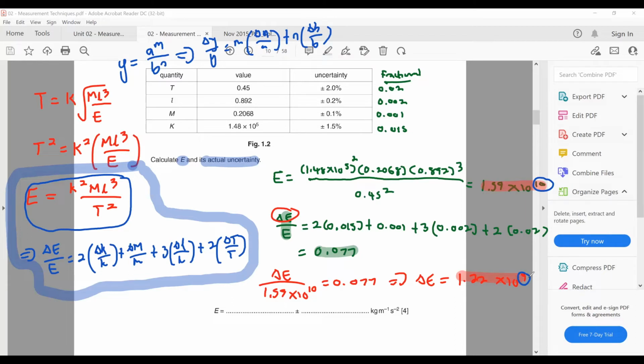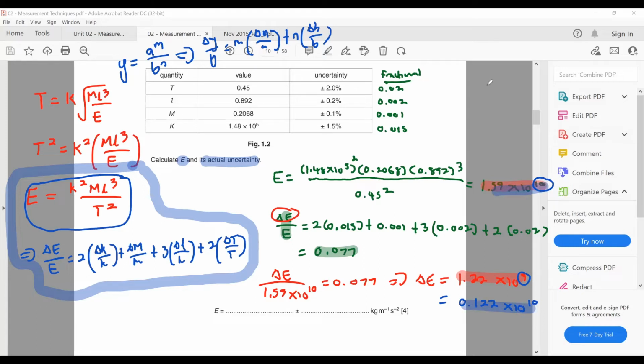So you need to re-express this such that it's power 10. When re-expressed in terms of power 10, it's actually 0.122 times 10 power 10. They are basically the same value, just rearranged such that it's 10 power 10. So now this one and this one would match.